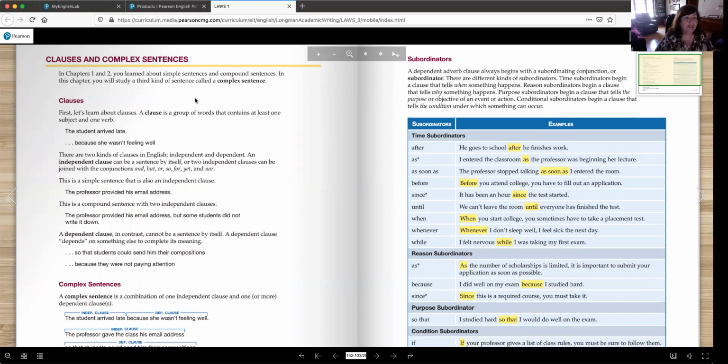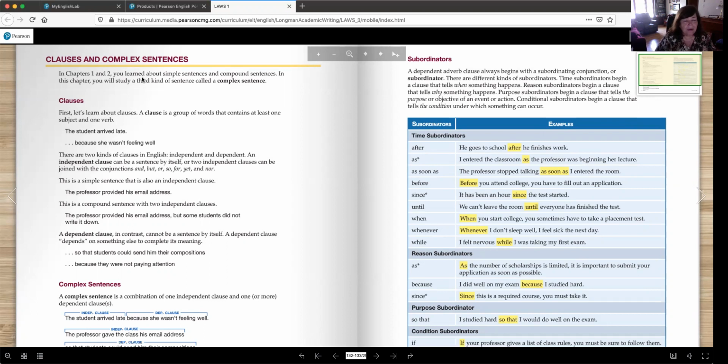Today we're going to be looking at complex sentences. Complex sentences have two clauses. That means it has two parts. Both parts of the sentence are called clauses. One is called an independent clause, and one is called a dependent clause. The independent clause is the part of that complete sentence that is a simple sentence in itself, and I'll be showing you examples of that in the book.